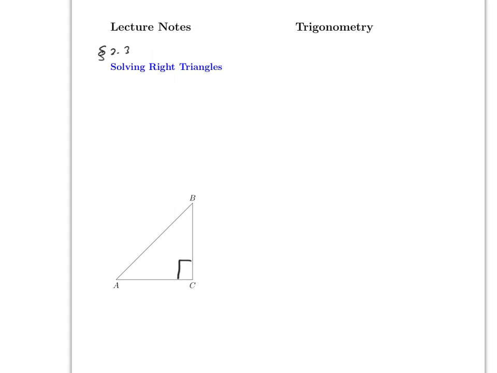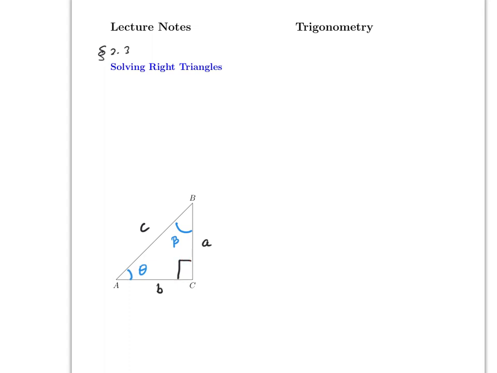So you have a right triangle. Notice that it has 6 pieces of information. It has side A, side B, and the hypotenuse, but it also has 3 angles, which we can call theta, and beta, and then obviously you have the 90-degree angle.